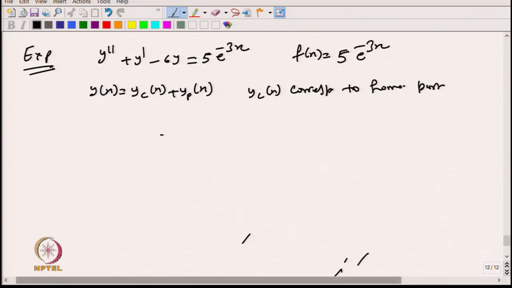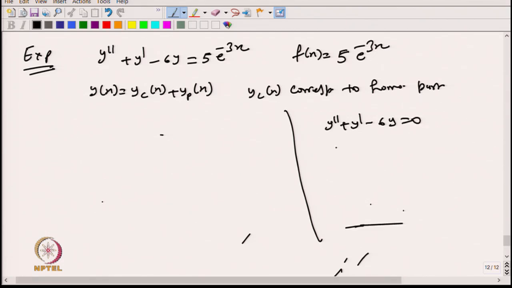So, from that I know that when I solve y double dash plus y dash minus 6y equal to 0, then I will get my solution.